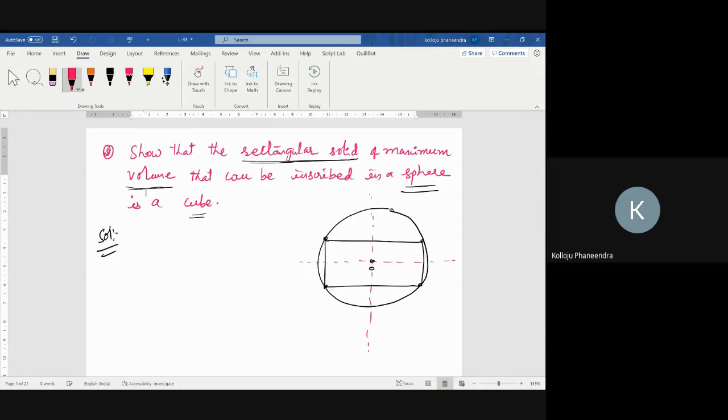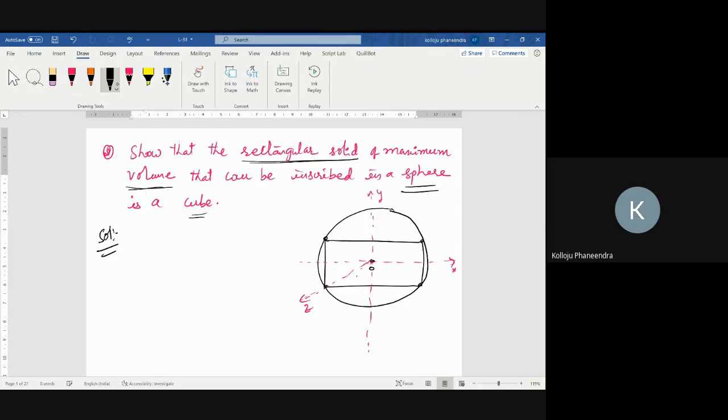If I consider 3 dimensions, this will be the z-axis. To understand the concept, I'm taking only the rectangular box shape like this, and joining all these.